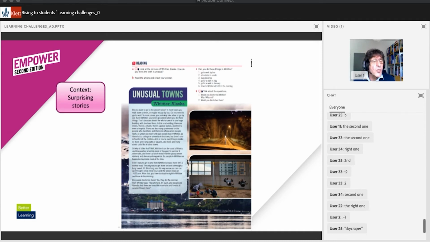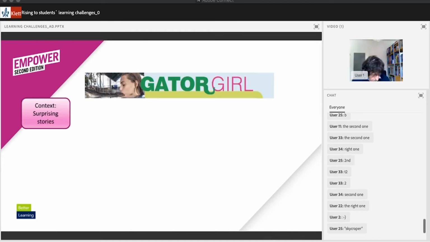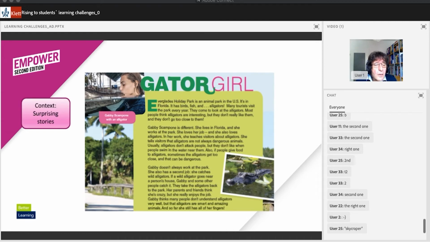So there are flats, there are shops, there's a school, there's a church even, and it's all in one building. Quite practical probably in a very northern climate. Also, the only way into the town is through this tunnel and also by sea. So it's a description of a town, but it's a description of a town which is likely to arouse learners' curiosity.